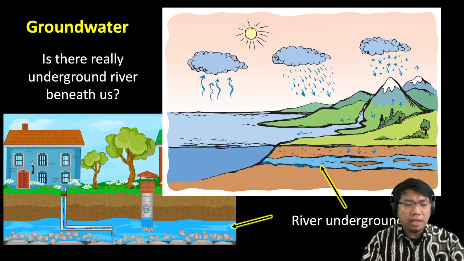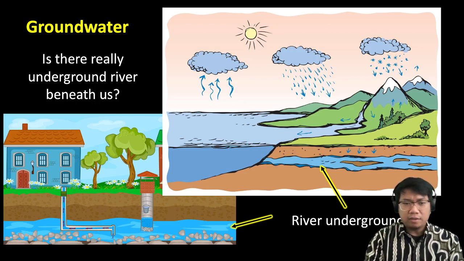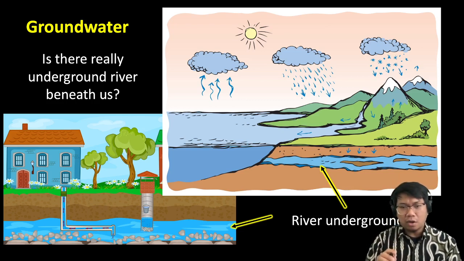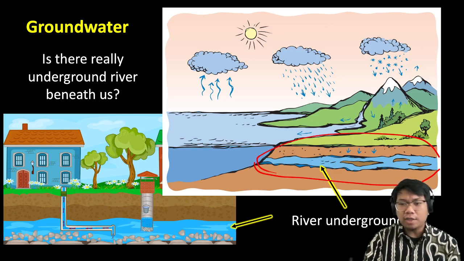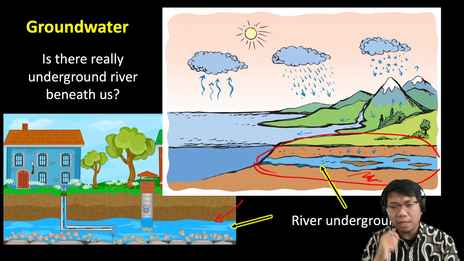If you try to search for illustrations of groundwater, there's always this misconception that I often find out there. For example, it often illustrates a river flowing underground, as you can see in this picture on the right side, as well as this picture on the left side.